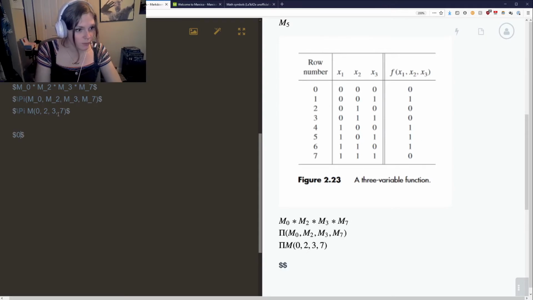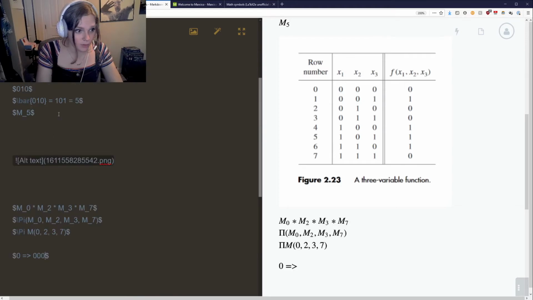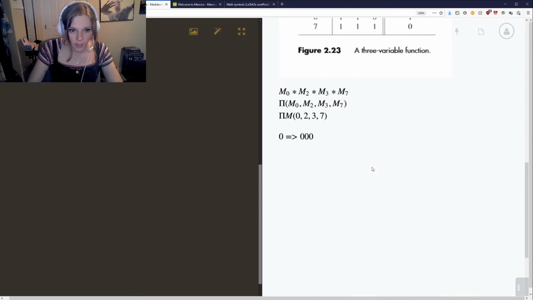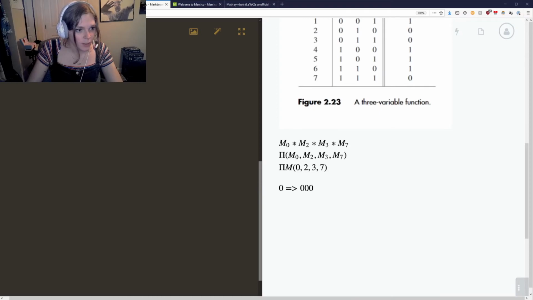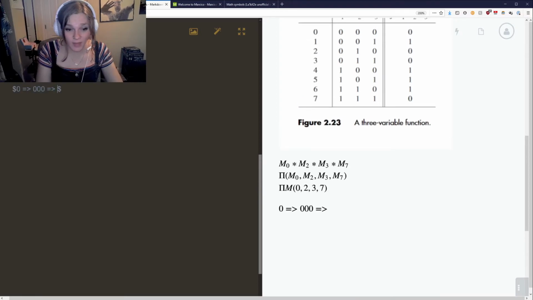So 0, we're going to start there. 0 becomes, of course, the binary number 0, 0, 0. We're going to take the complement of that, which gives us 1, 1, 1, which then leads us to the expression x1 or x2 or x3. Right?